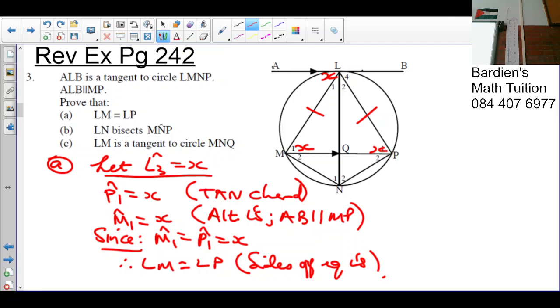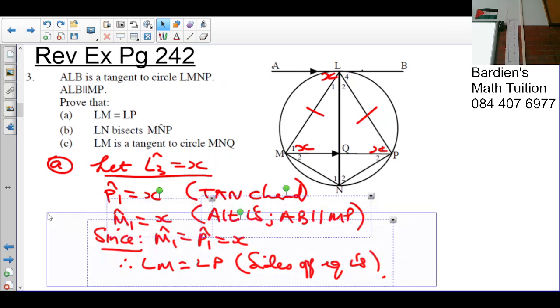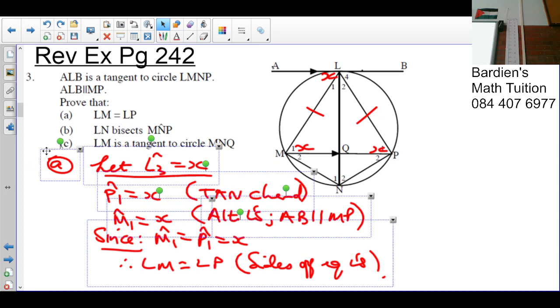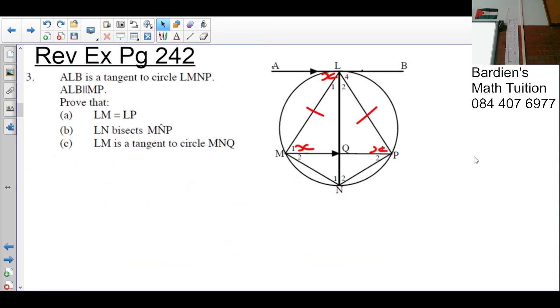Okay. So then I'm going to take this off, to keep the diagram in focus, to answer B. We must prove in B that LN bisects angle MNP. So that means to say that N1 is equal to N2.